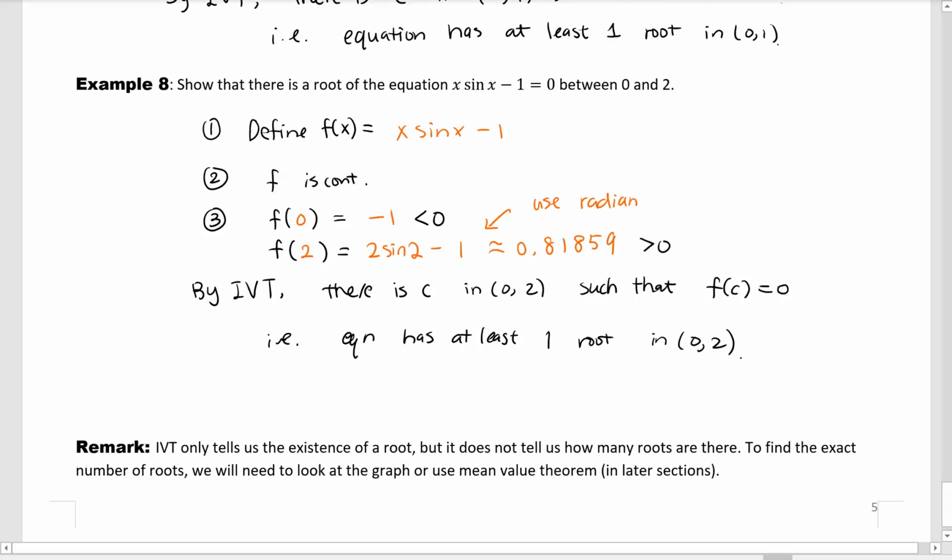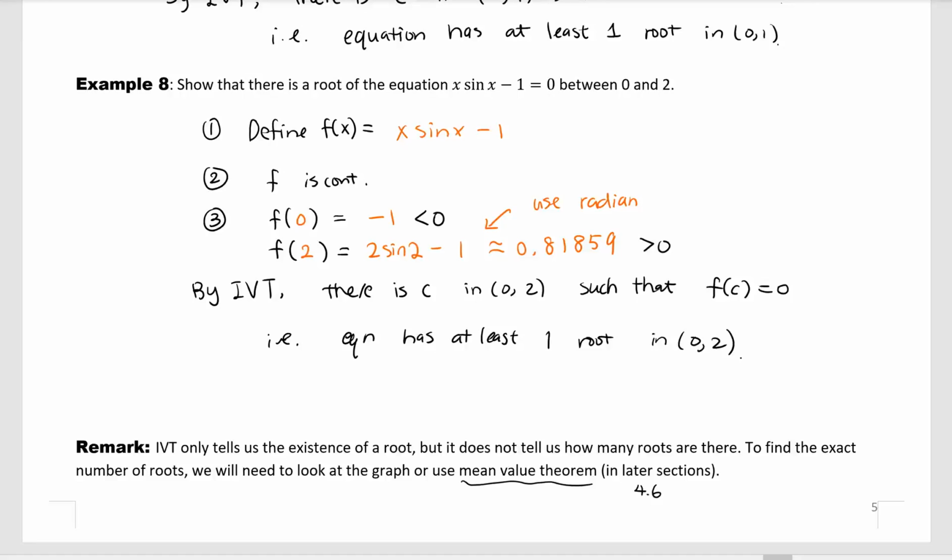Okay, so here we have a remark. The intermediate value theorem only tells us the existence of a root, but it does not tell us how many roots there are. To find the exact number of roots, we will need to look at the graph or use the mean value theorem in a later session. The mean value theorem is in session 4.6.